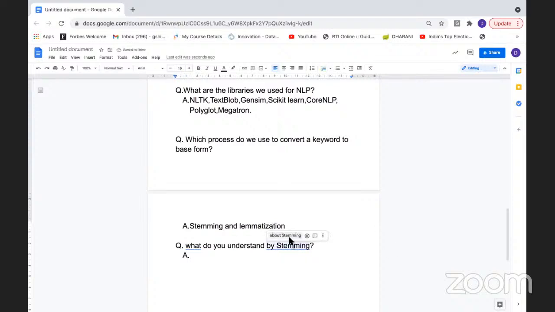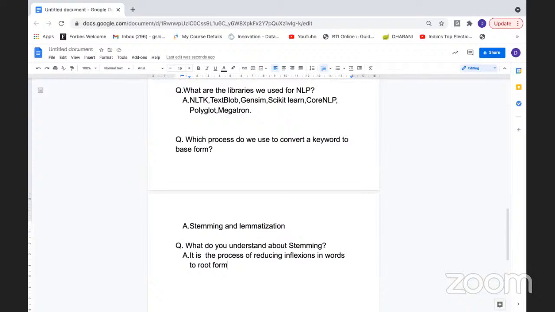So it is a process of reducing inflections in words to root form, such that you map a group of words to the same stem, even if the stem itself is not a valid word in the language.